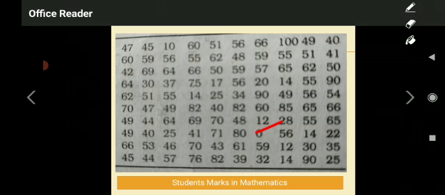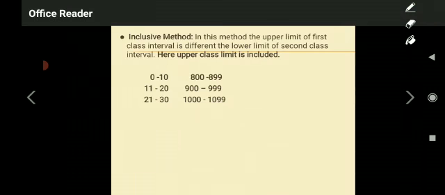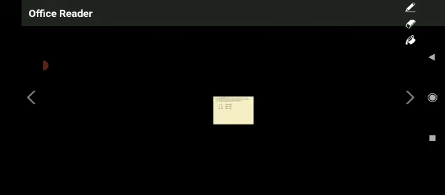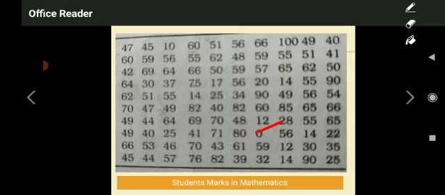Here one is 100, and here 90 is there, again 90 is there, and one more is here. 100, 90, 90 and 90. These 4 observations are there in the 90 to 100 class interval.